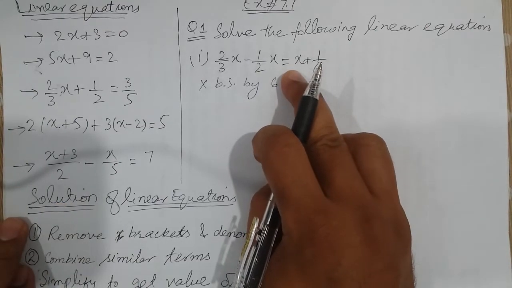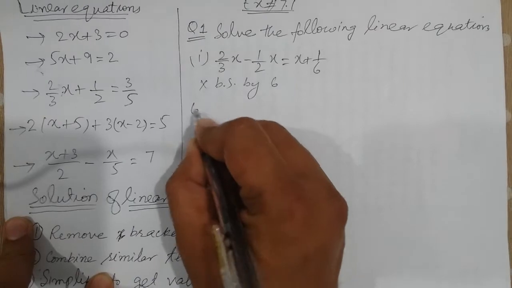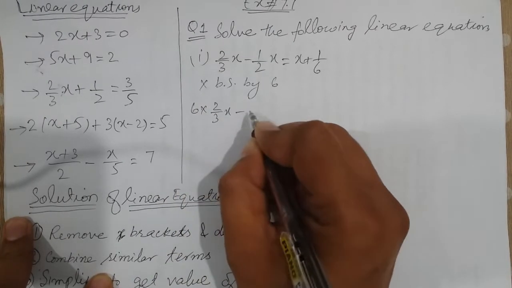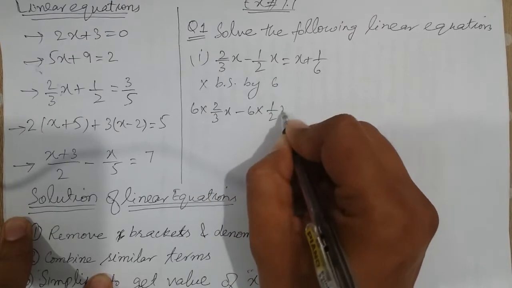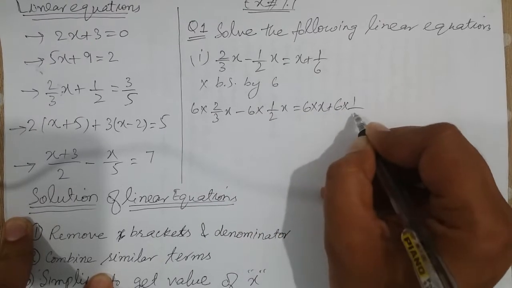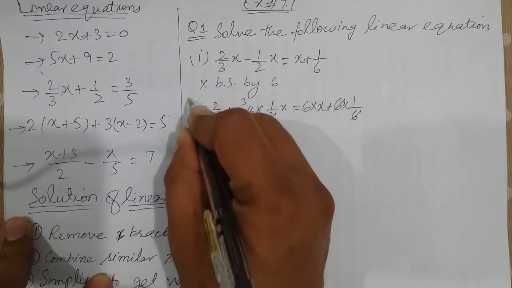We have to multiply by the LCM if we want to remove the denominator. When we multiply both sides by 6, our denominator will be removed. So this is the way to remove the denominator.